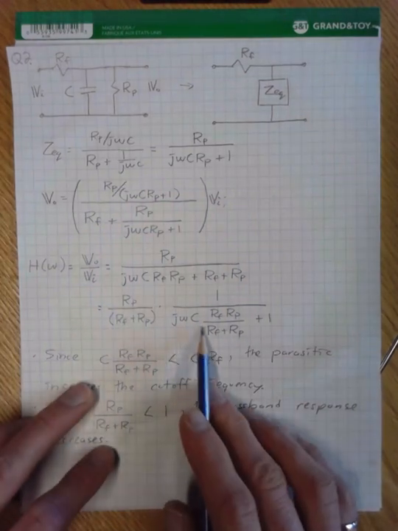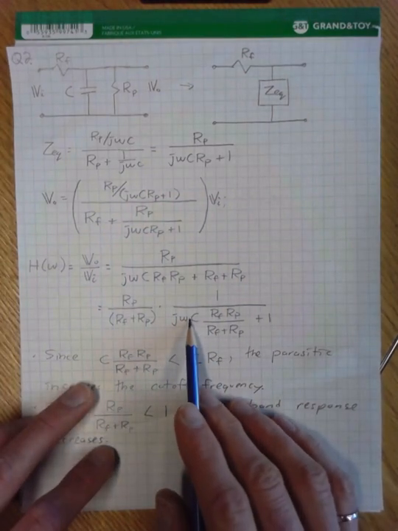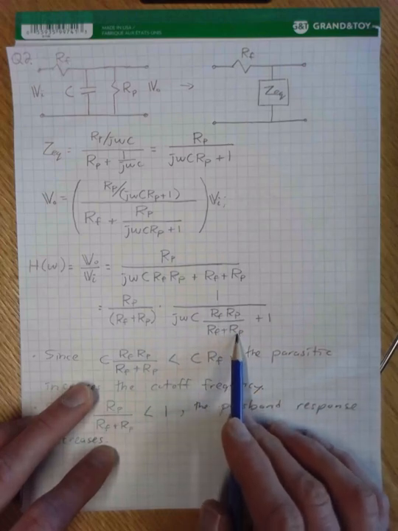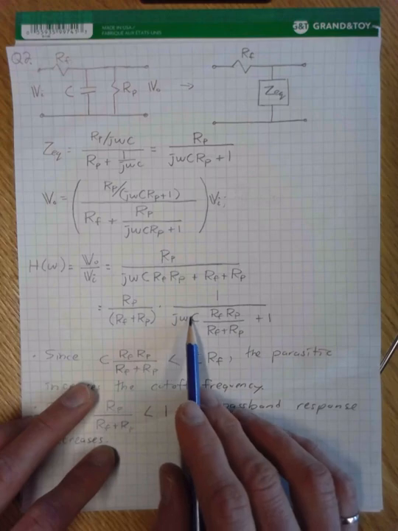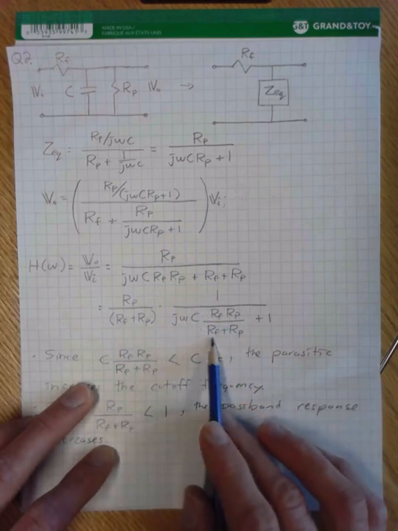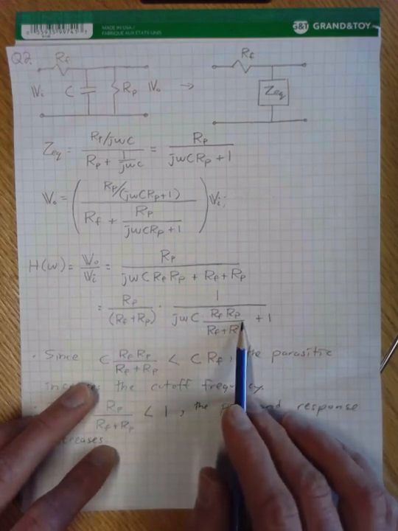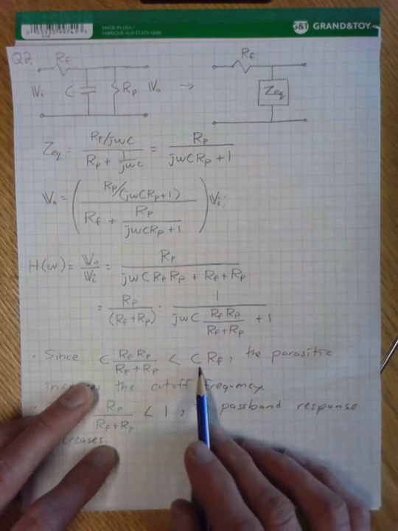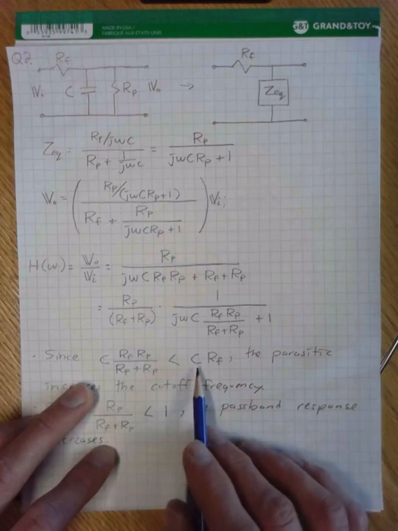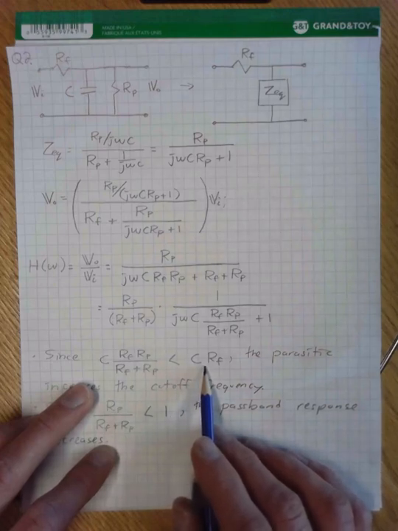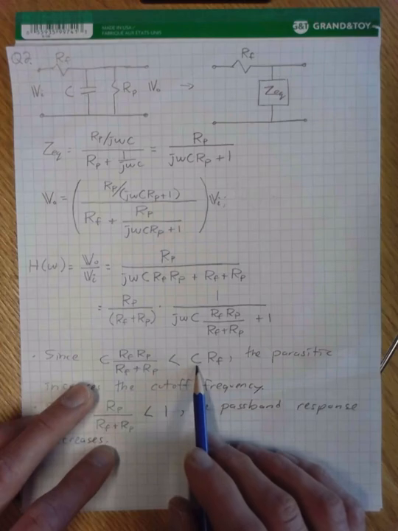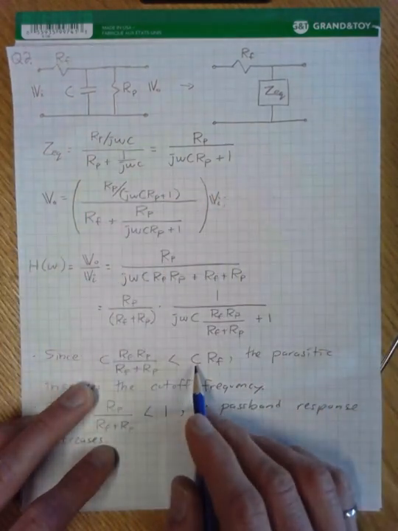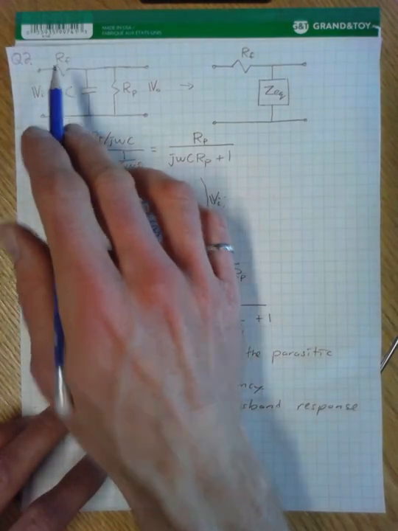If we do that, we can compare this. We've got C times RF times RP over RF plus RP, and so this is the 1 over alpha term. If we compare that to the 1 over alpha term for a standard low-pass filter without the parasitic resistance, without RP, 1 over alpha would be C times the filter resistance.